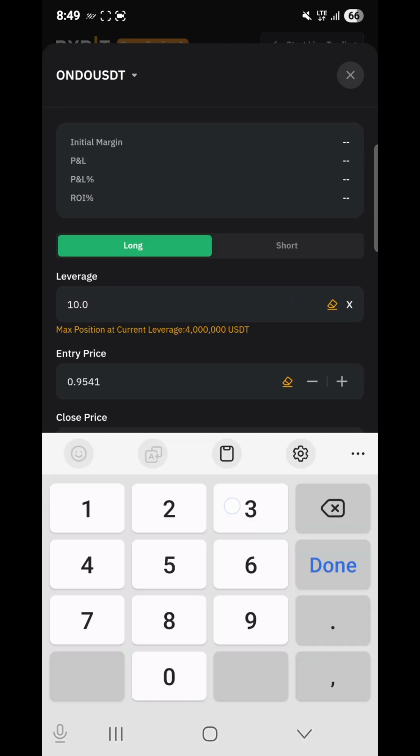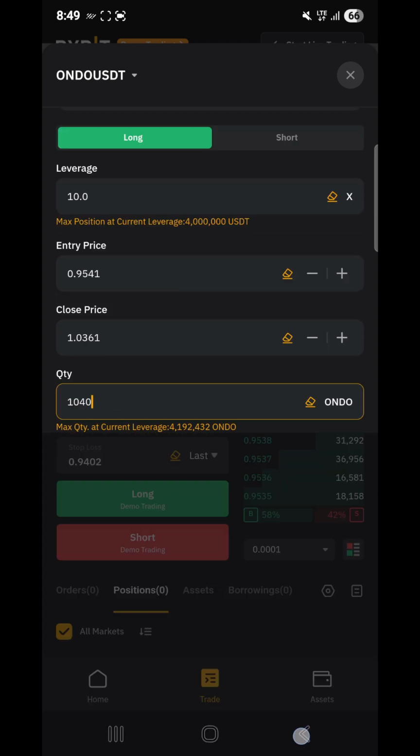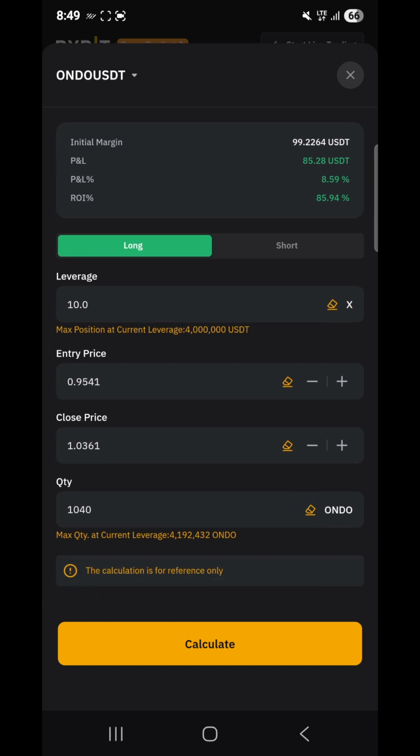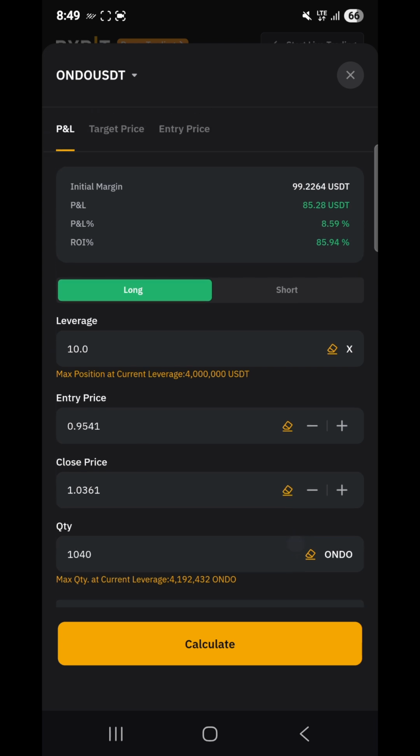And then the quantity, I used 1,040. Now I'll click on calculate. It's showing me that I'm making $85 from this trade. Guys, position trading is the best. And you have to learn this.